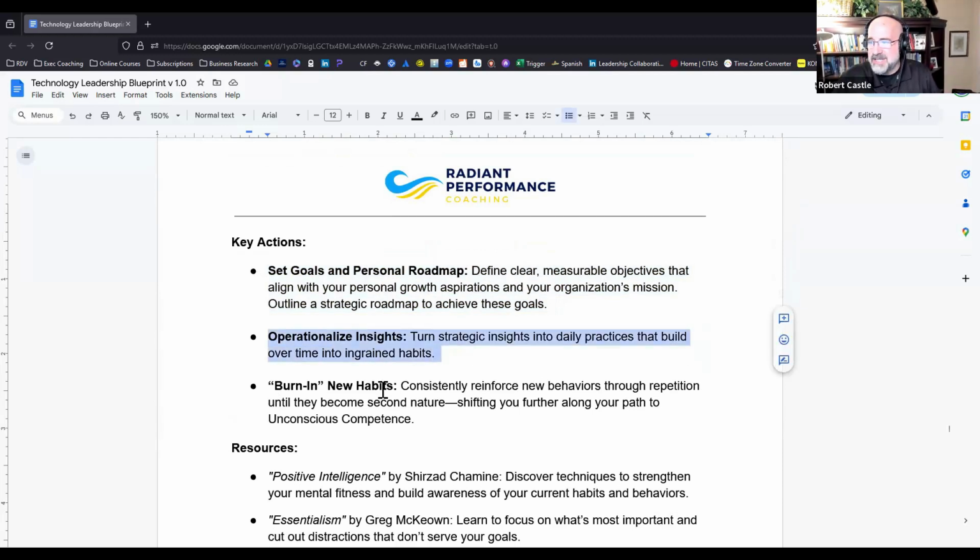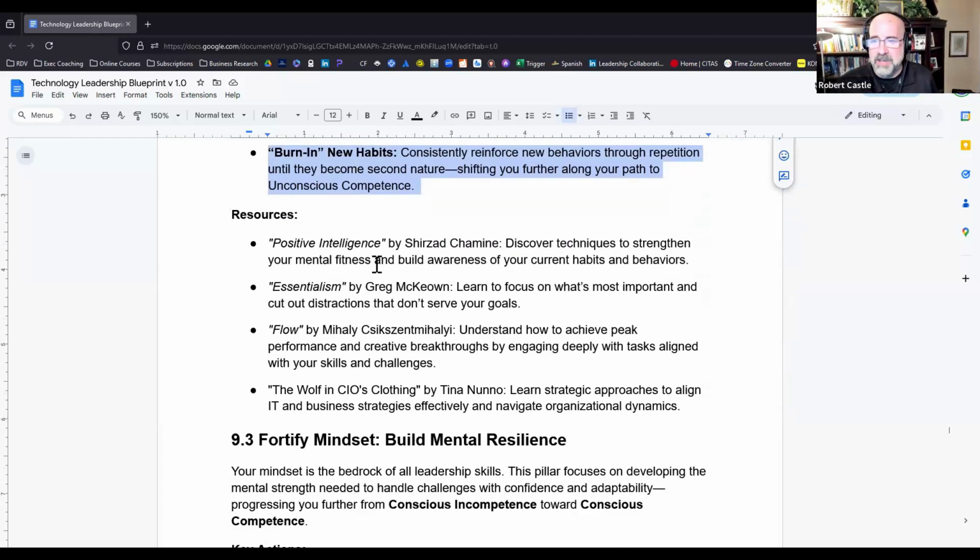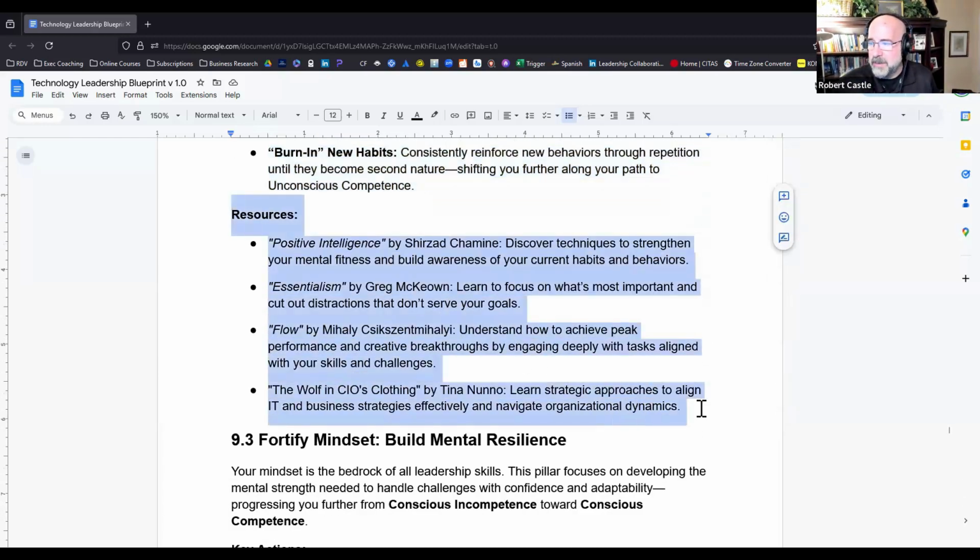Turn strategic insights into daily practices that build over time into ingrained habits, and then burn in the new habits. Consistently reinforce the new behaviors through repetition until they become second nature, shifting you further along the path to unconscious competence. There's a number of excellent resources here that I recommend.